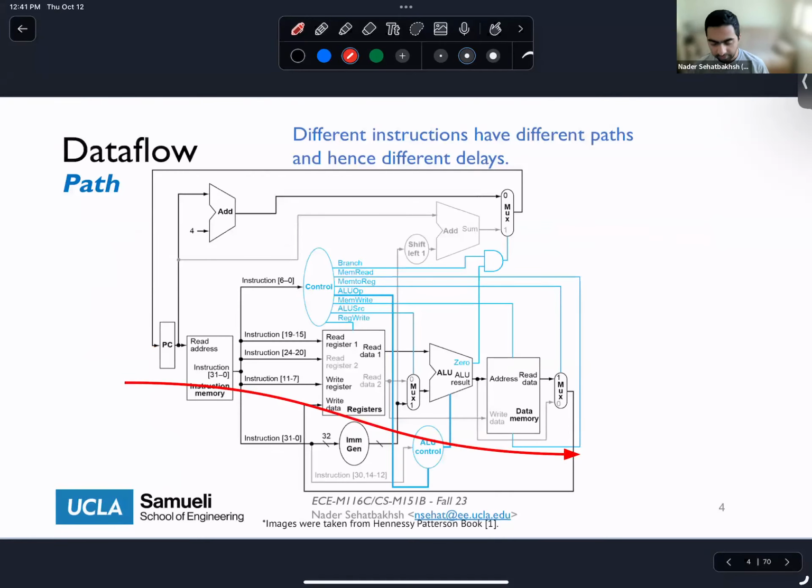So as I said, the important thing about designing the processor is this critical path. That is the time it takes for one instruction to go all the way and get the results written either to the register file or to the memory or to the PC.